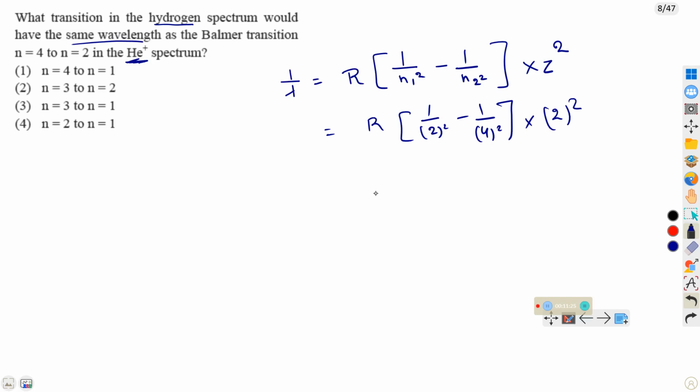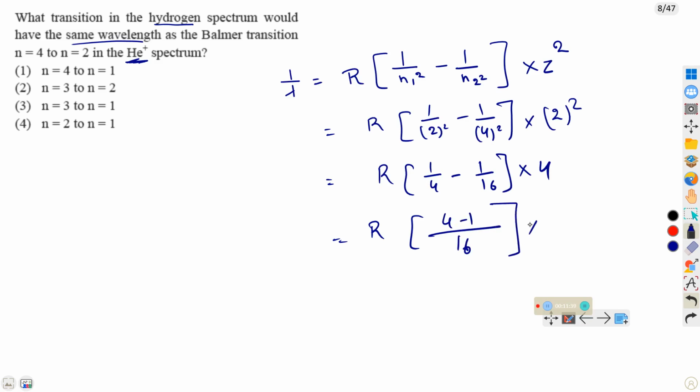Simplify now. R into 1 by 4 minus 1 by 16 into 4. LCM is 16. 4 minus 1 into 4, 12R by 16. 1 by lambda value.